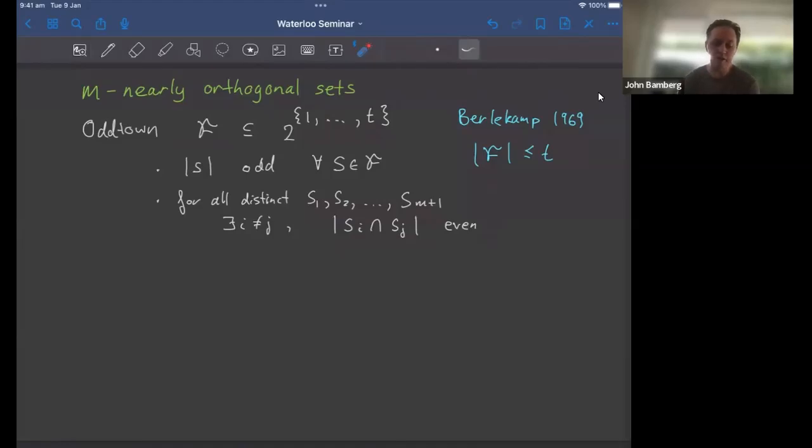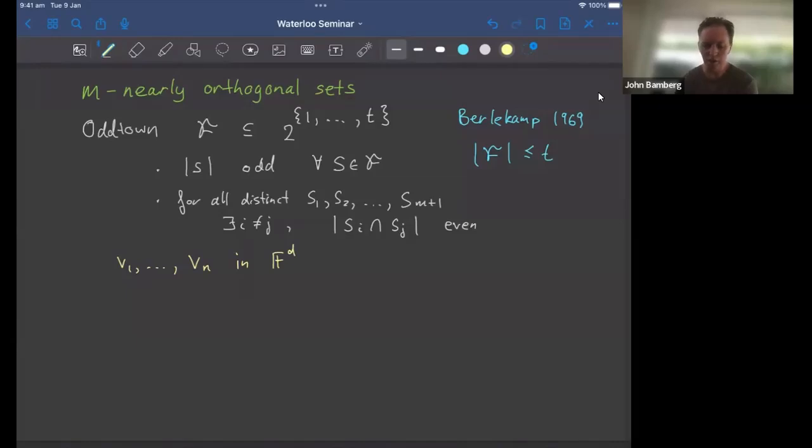And if you take the characteristic vectors of these, you get exactly what an m-nearly orthogonal set is. So m-nearly orthogonal would just be vectors v1 up to vn, let's say, in a vector space. And in the case that this field is the field of order 2, these things correspond.